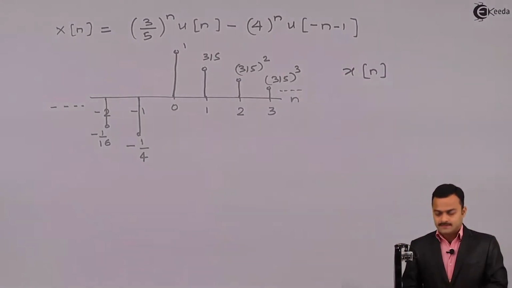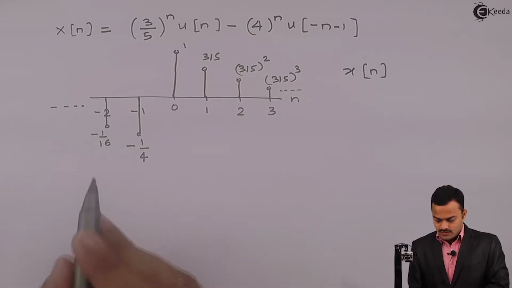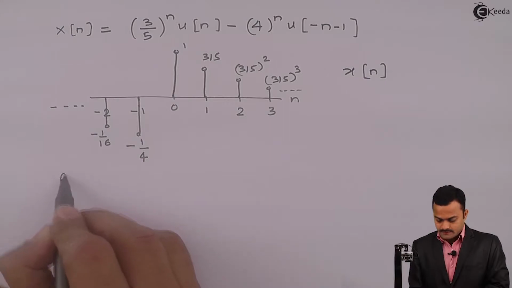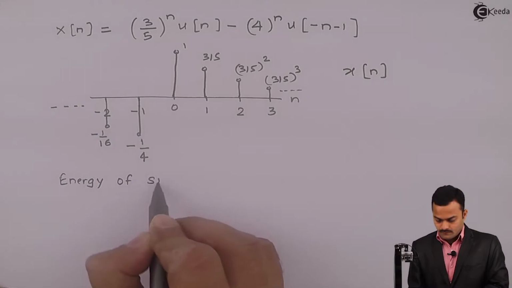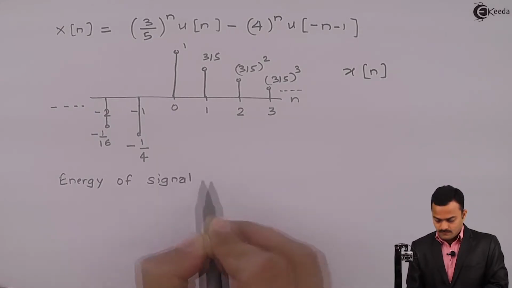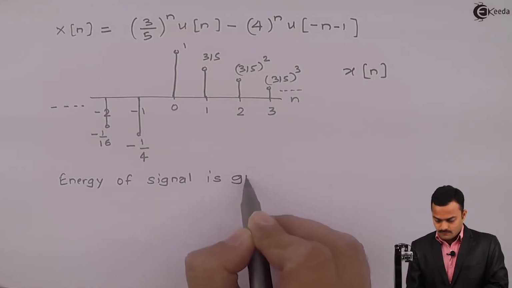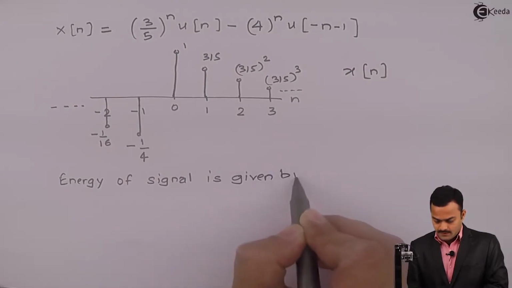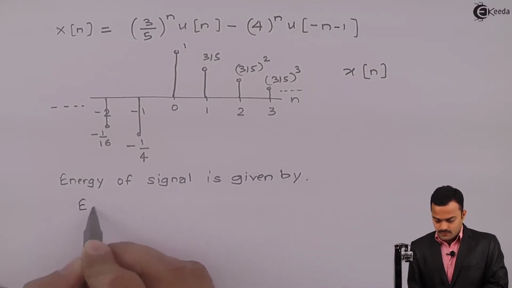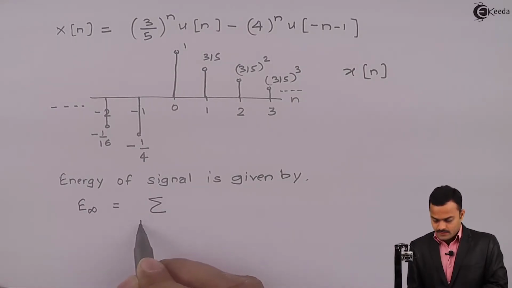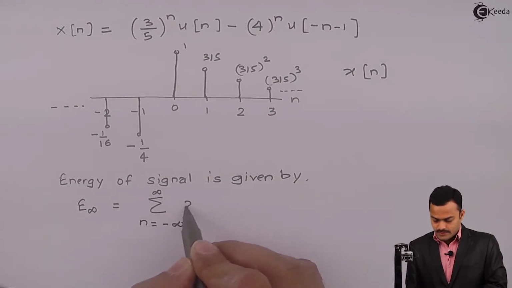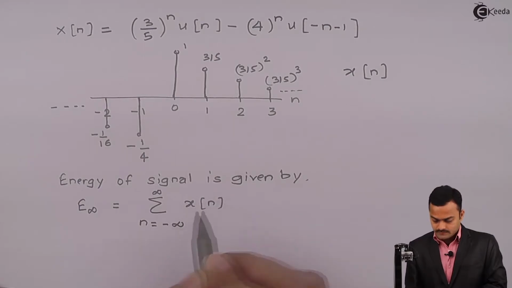We have just plotted this. Now let's find out its energy and power. The energy of the signal is given by E infinity equals summation n equal to minus infinity to infinity of x of n square.